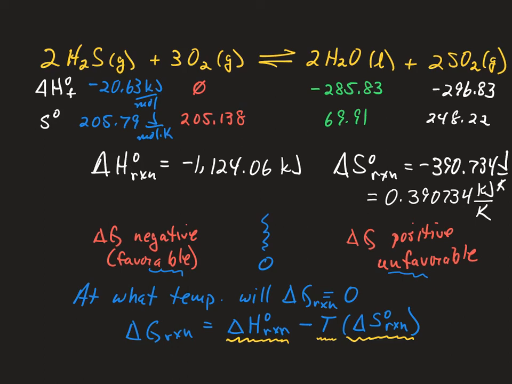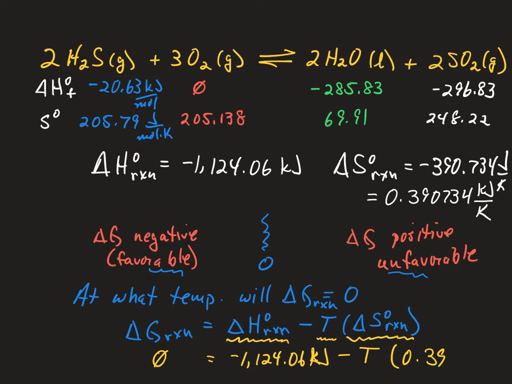Okay? So all we have to do is substitute in. We're going to put 0 here. We're going to put our negative 1,124.06 in here, and that's kilojoules, minus temperature, which we don't know, times our 0.39.